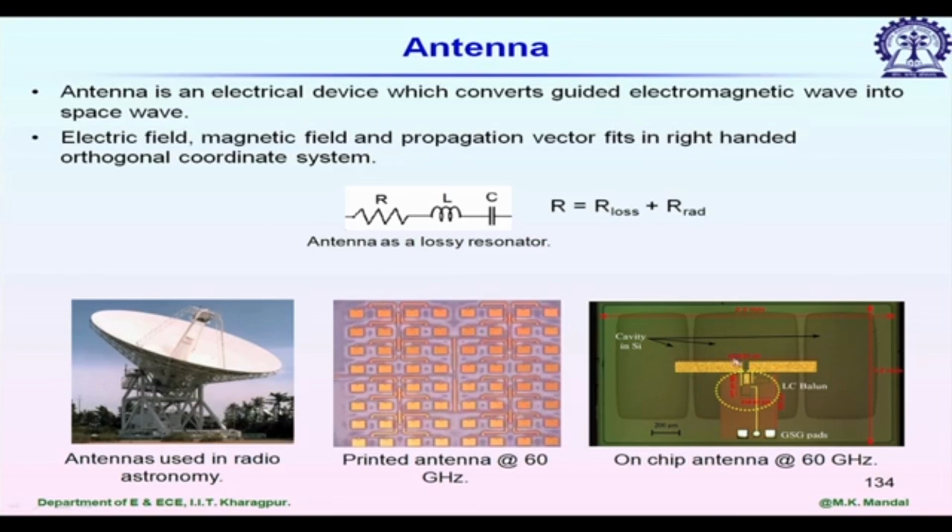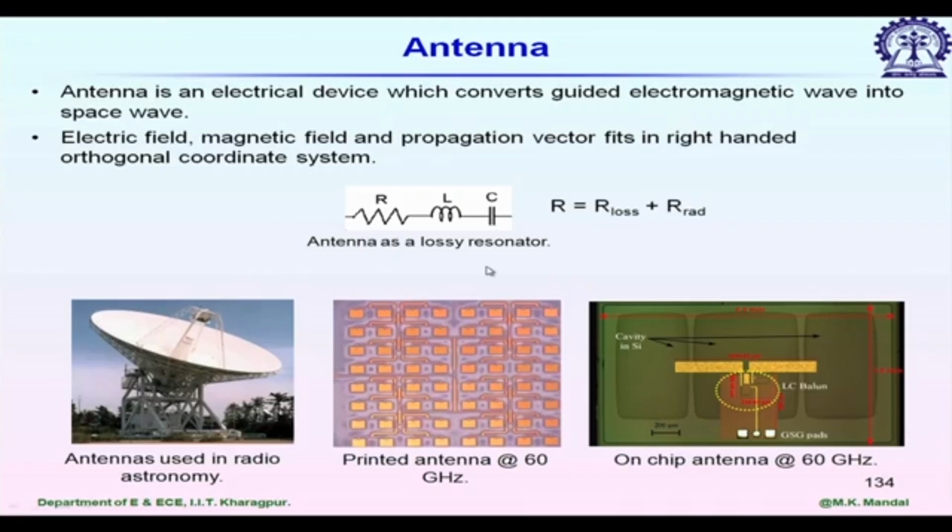For a resonating antenna, we can represent it by a series resonator or by a shunt resonator. In that resonator, we will have one L component, one C component, and in addition one resistive component. This resistance represents the loss inside the antenna structure and the radiation.